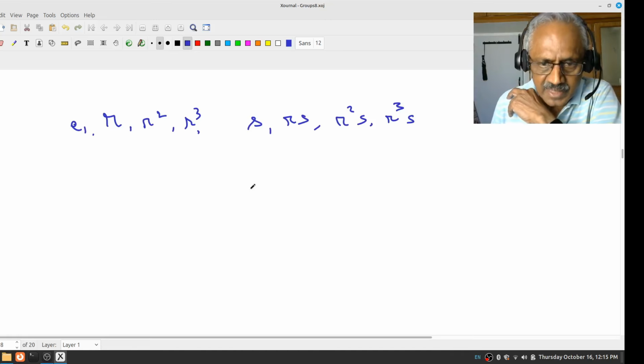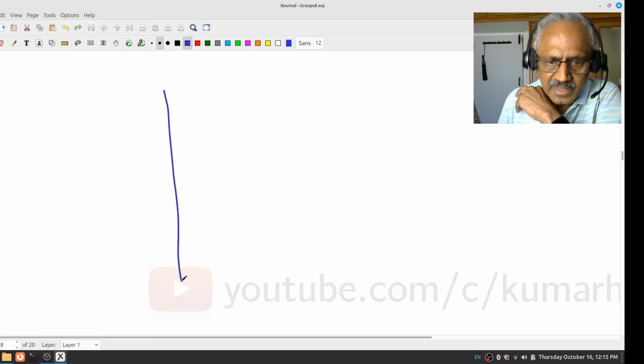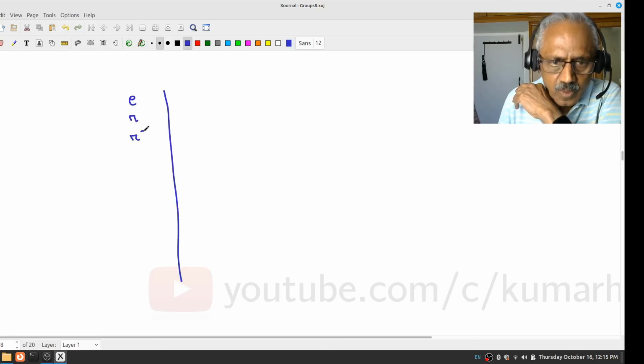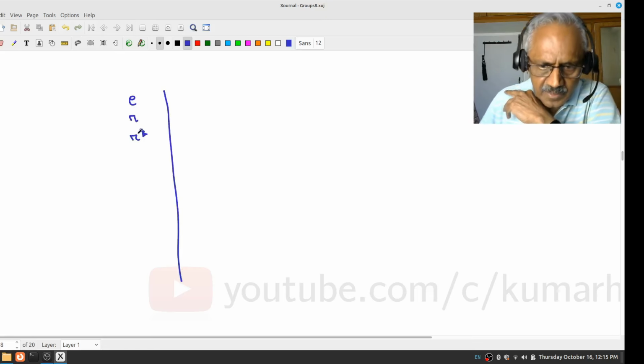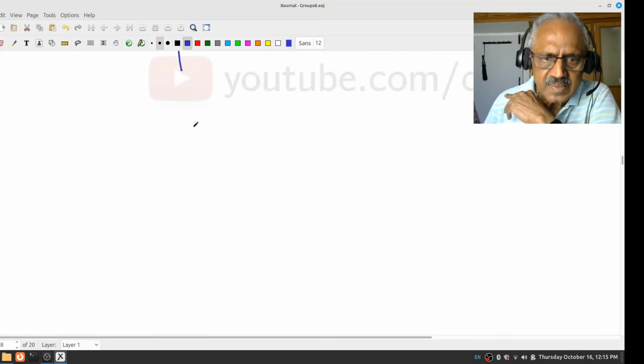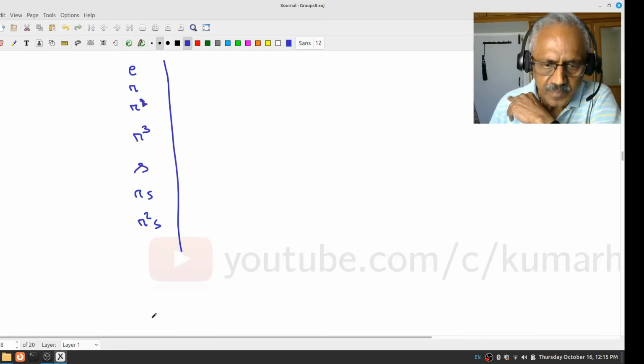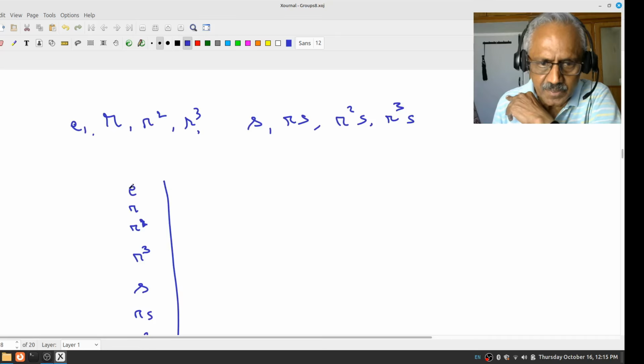I can write down what is known as the Cayley table. What is the Cayley table? Look at the elements E, R, R squared, R cubed, and then RS, R squared S, R cubed S. This is like a multiplication table.